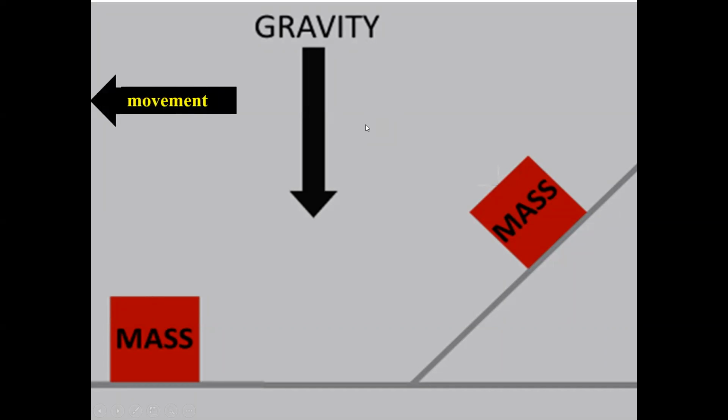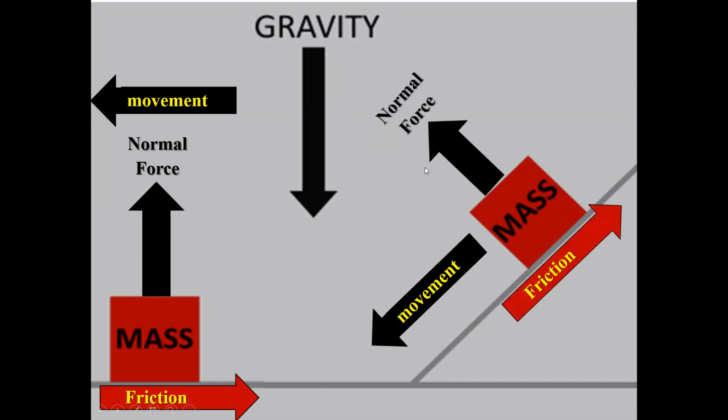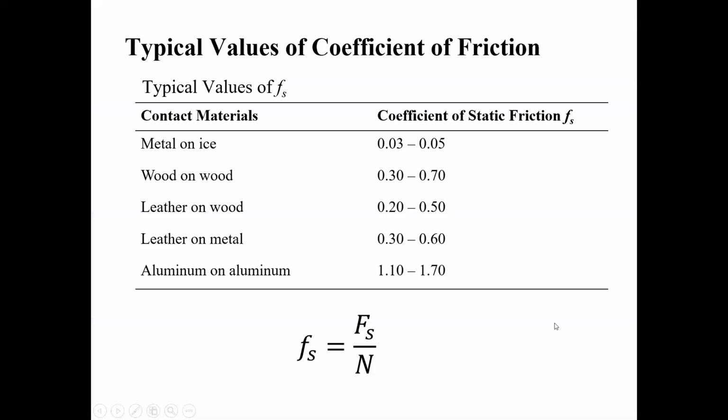In case of the horizontal block, if movement is towards left, the friction will be towards right, and normal force is perpendicular upward. In case of the inclined plane, if movement is downward, the normal force will be similarly perpendicular to the plane, and friction will be opposite along the plane. So you have understood. There are some typical values of coefficient of friction. You can see it. I am not going to discuss it.